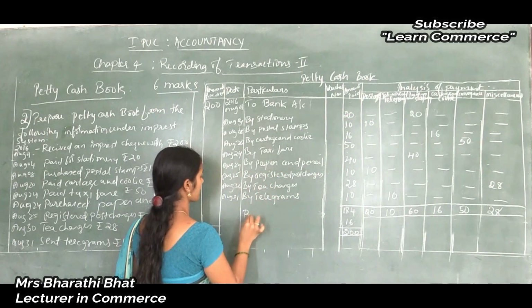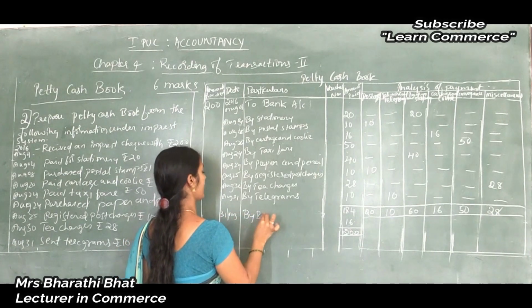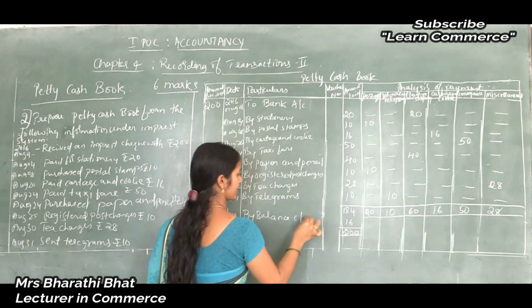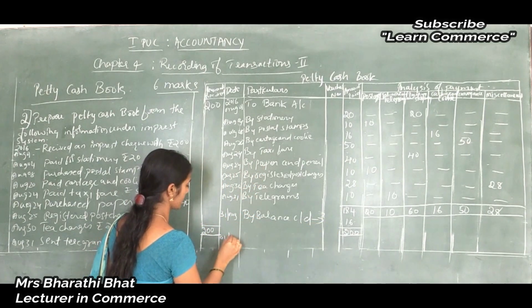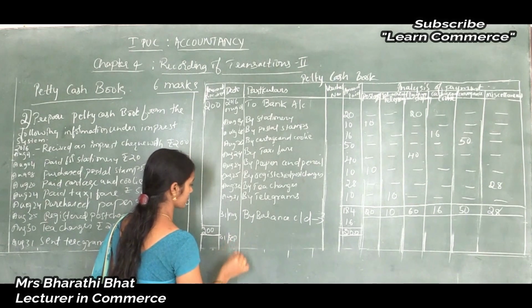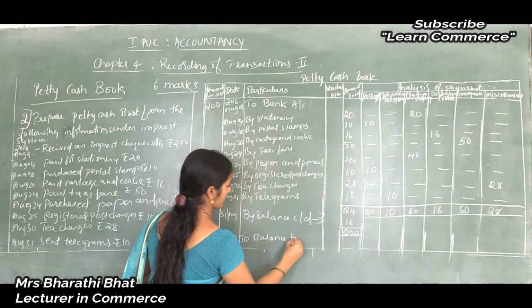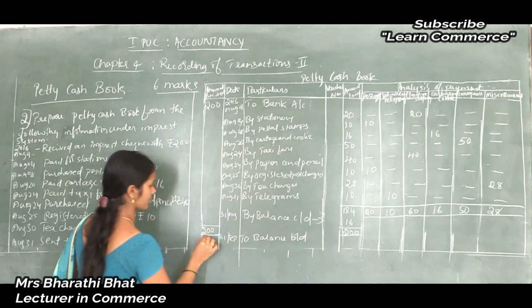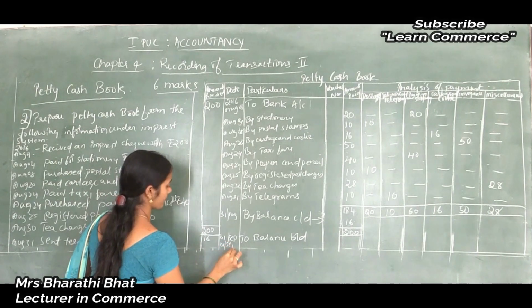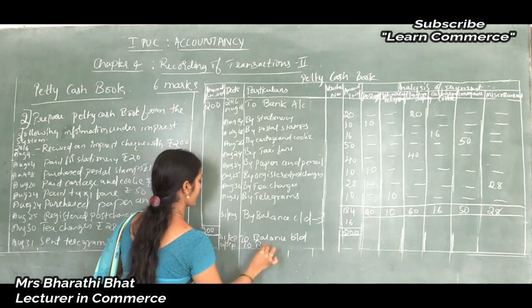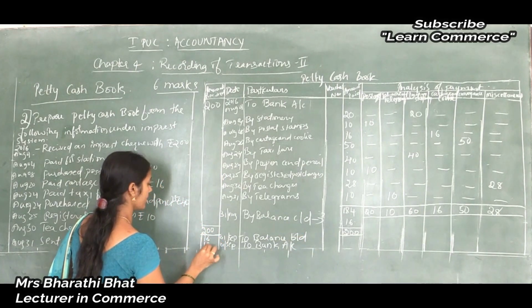What is this? Yes, 31st August by balance carried down. The same amount on 1st September to balance brought down 16, and on the same day you should write to bank account, not cash received, to bank 184.